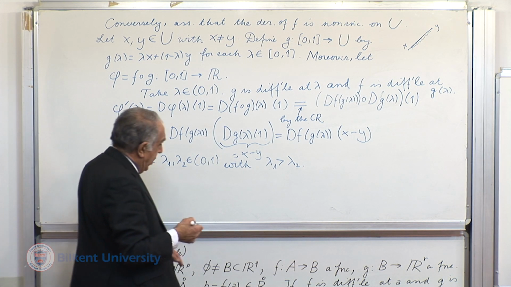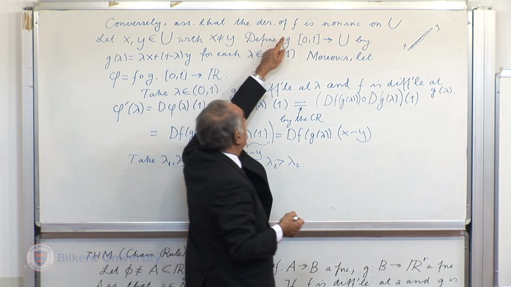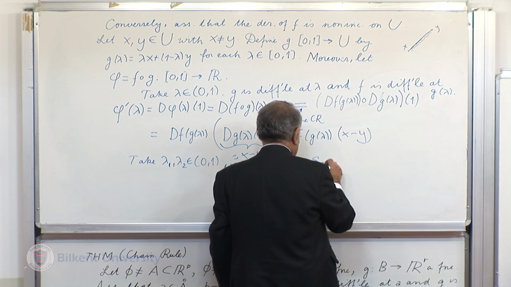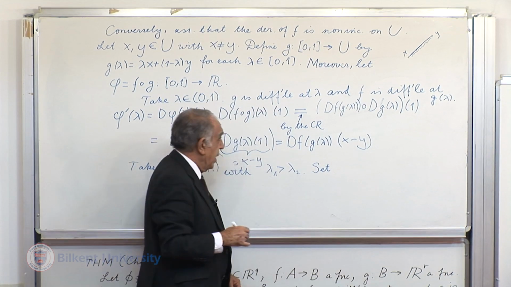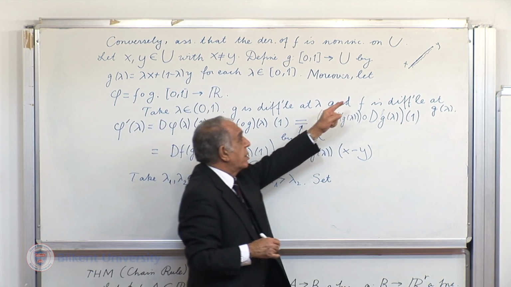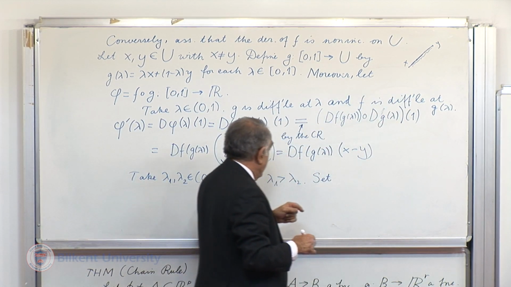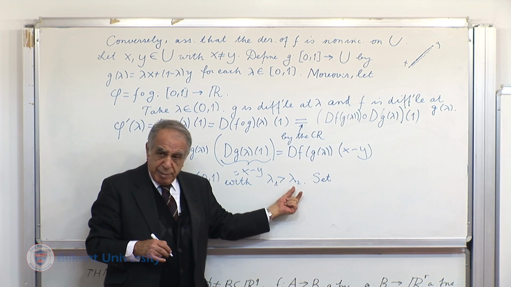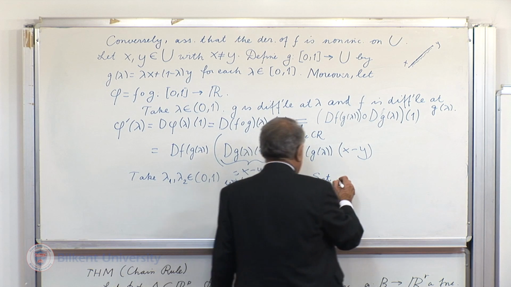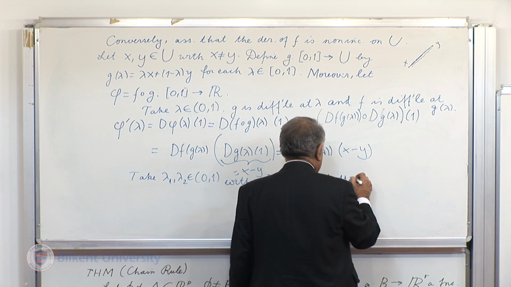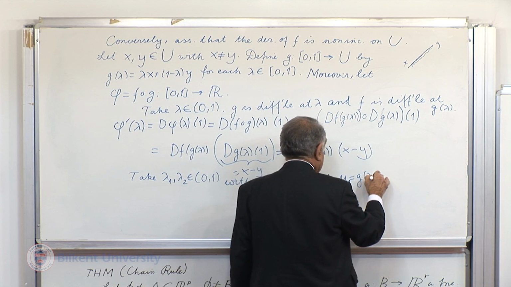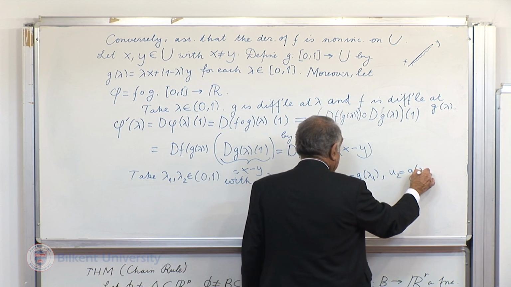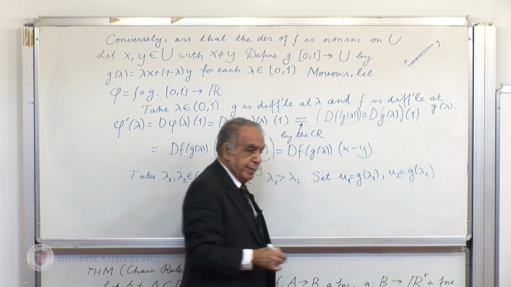But in doing so, we have to use that the derivative of f is non-increasing on U. So let's consider the points on this line segment which correspond to lambda 1 and lambda 2 respectively. So u1 will be g of lambda 1, and u2 will be g of lambda 2.